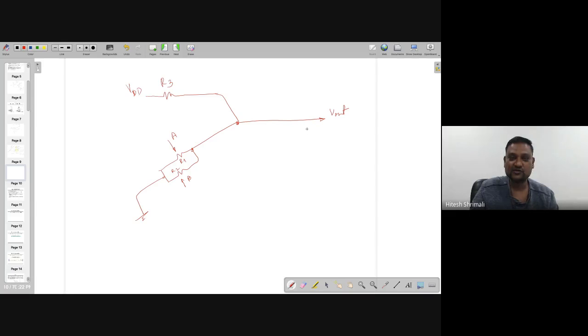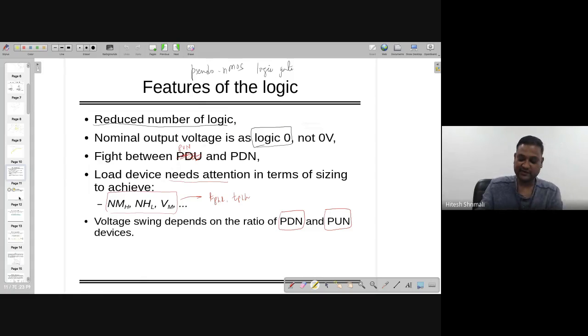So you can never have 0 volt over here because of this VDD, right? There is always some voltage division. This resistance has to be very high and these two resistances have to be very low, so that you can have this value approximately 0 volt. But you can't do that because of this path, right? So you have to make some trade-off, and you can never have 0 volt. You can have maybe something like 10 millivolt, 30 millivolt, 50 millivolt, but you cannot reach 0 volt over here.